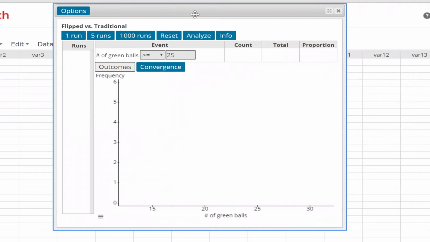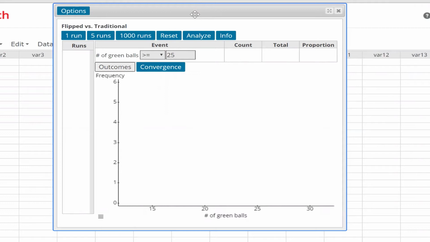So here's what we're going to do with this urn. We're going to pretend that we're teaching the traditional and the flipped classroom over and over and over again. We're going to allow our students to randomly enroll in either the traditional or the flipped classroom.